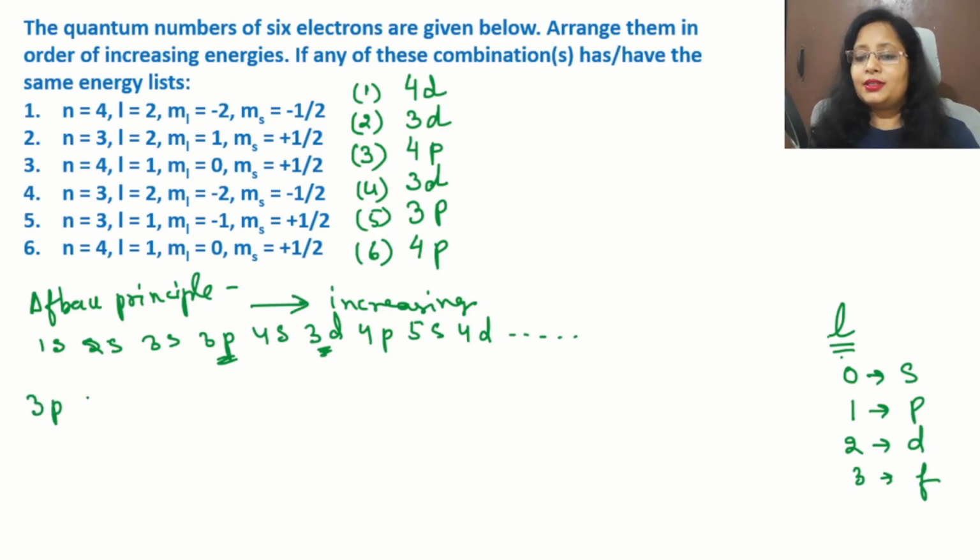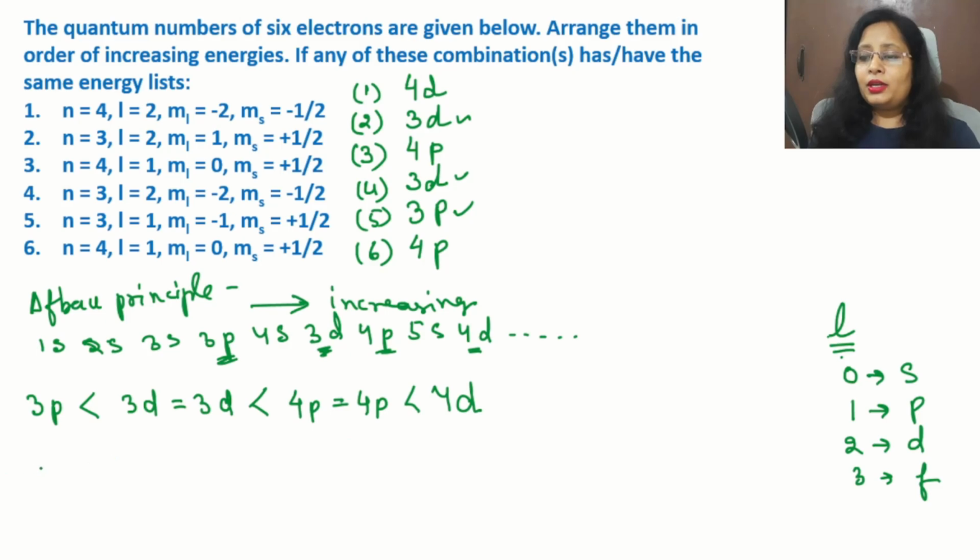Then comes 3d, which is equal to 3d, two times 3d came. So 3p done, 3d done. Now 4p and 4d. 4p comes first and then 4d. So we have 4p and 4p two times, 4p is equal to 4p, and then comes 4d.